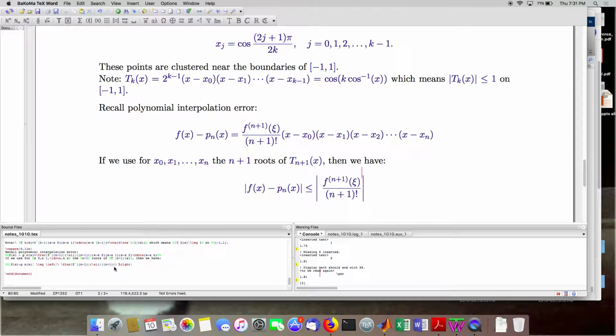Notice that this product of linear factors is the same as this, except for the 2 to the n, but this whole thing is less than or equal to 1. Therefore, this product is less than or equal to 1 over 2 to the n, because 2 to the n times this is t_{n+1} of x, which is less than or equal to 1. So if I divide both sides of that inequality by 2 to the n, I have this.